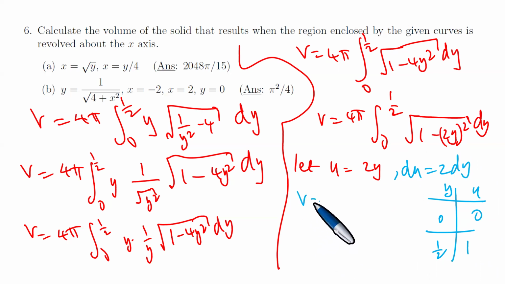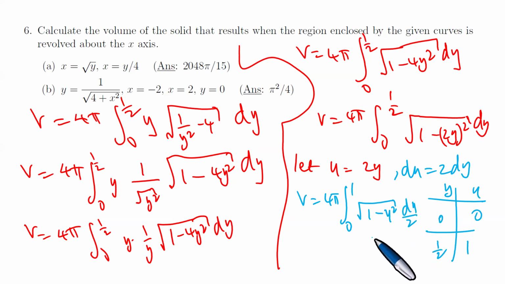Now this is the volume: pi, the integral 0 to 1, the square root of 1 minus u squared. What is dy? du over 2. So 2 pi, the integral from 0 to 1, the square root of 1 minus u squared du.